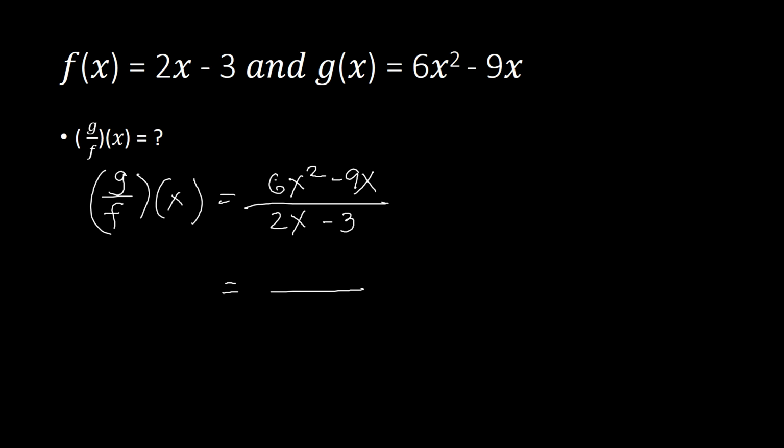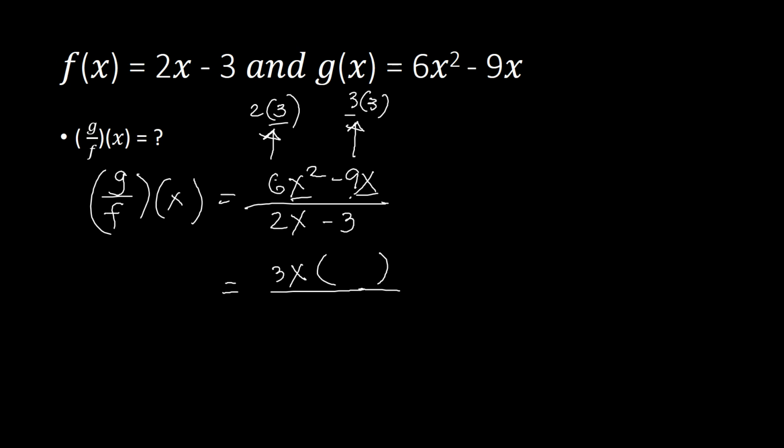But for 6x squared and 9x, something common in 6 and 9, which is the 3. Because 6 here is 2 times 3, while 9 here is 3 times 3. So common is 3, so we take it out. So we've got two factors here. So we took out 3, and also x is common, so we take out also x.